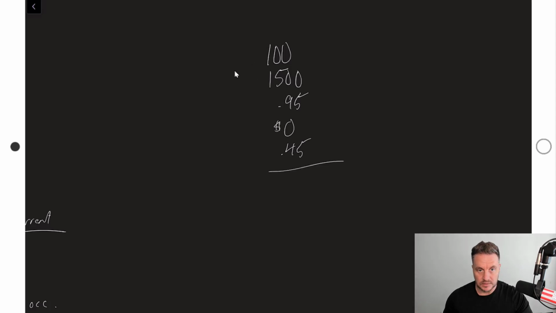So let's say we have 100 units and they're at 1,500 each, and it's 95% occupied, and it's got zero other income, because some of the smaller deals don't, and it has 0.545 expense ratio, and that's it. Watch how fast I can do this. I mean, I have to look some of this stuff up, right? But if I know these things, this is how quick.